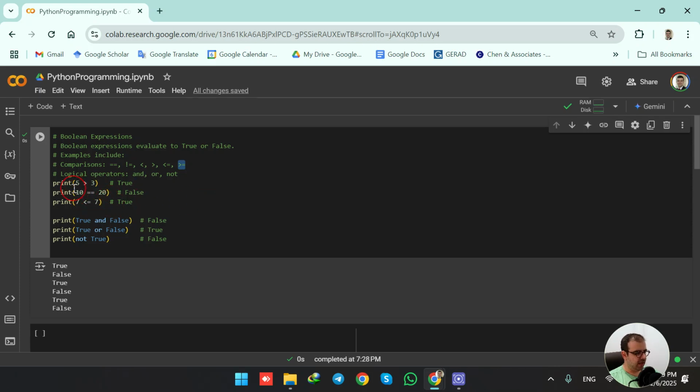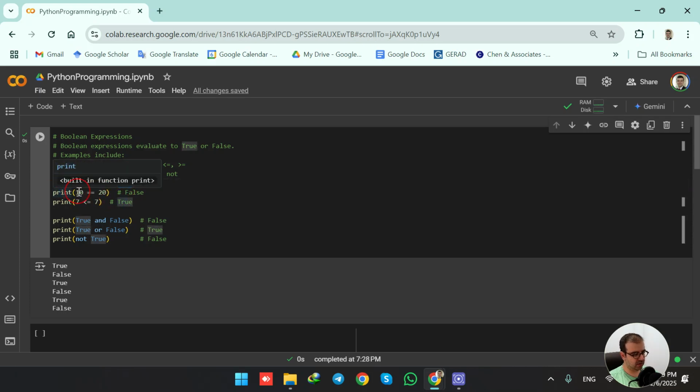For example, here I'm having a print keyword in Python, and in the parentheses, I'm checking if 5 is larger than 3. So if this equation is correct, it is going to print out true for us. And in this case, it is correct. So we expect to see a true in the output.